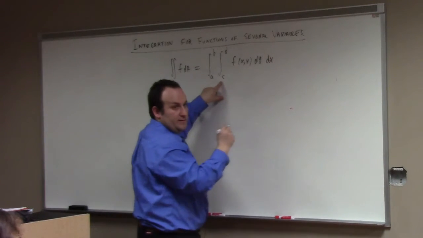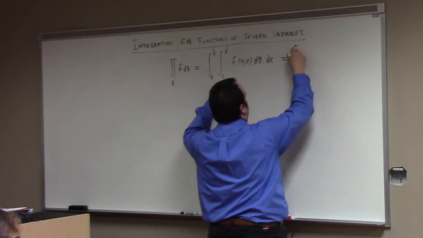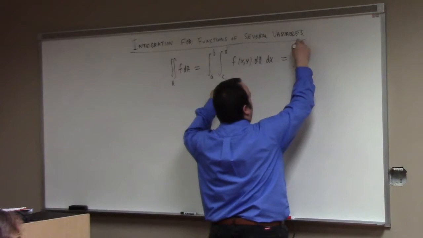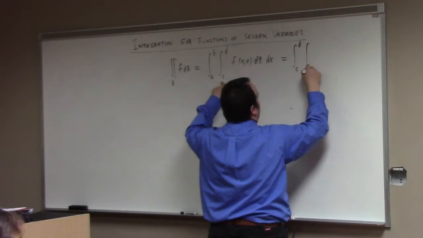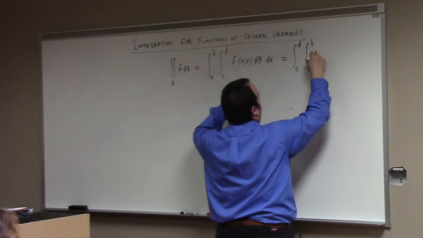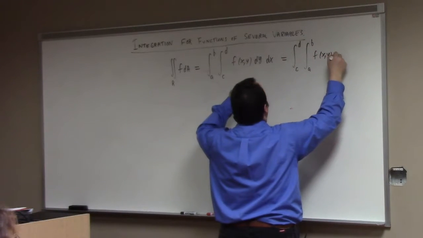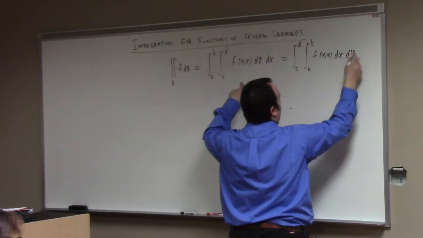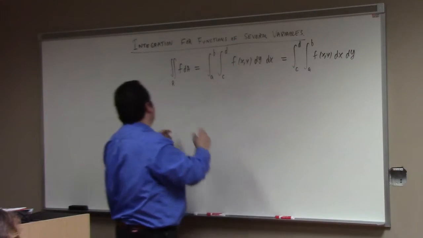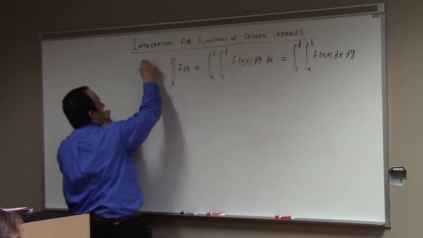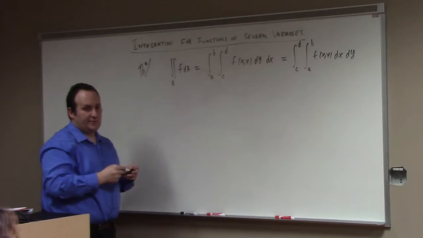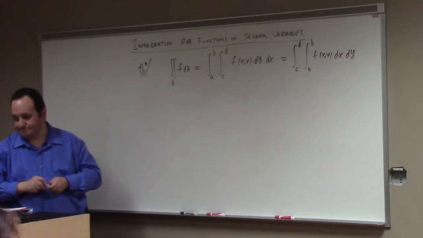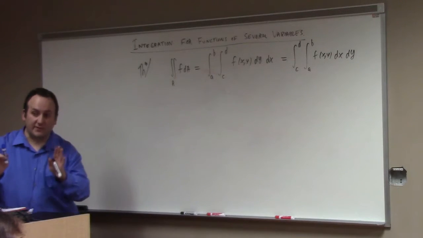Or your other choice is you can integrate from c to d, and you can integrate from a to b, and you got yourself f of x, y, dx, dy. So this is a theorem, but that's actually how we always calculate in here. Well, for rectangular regions.